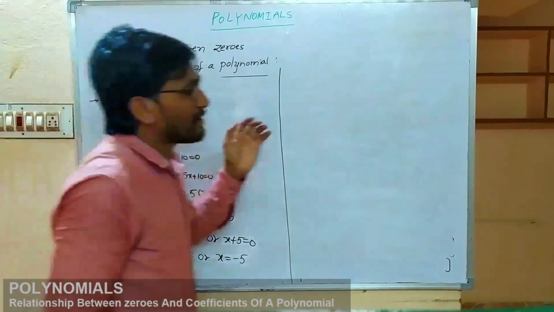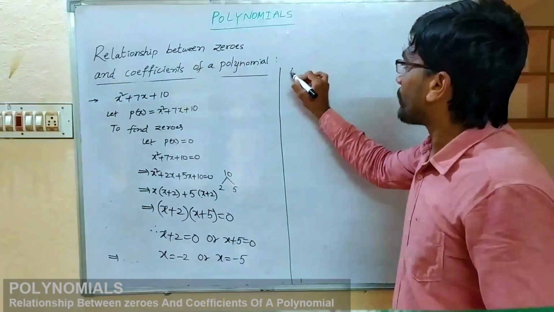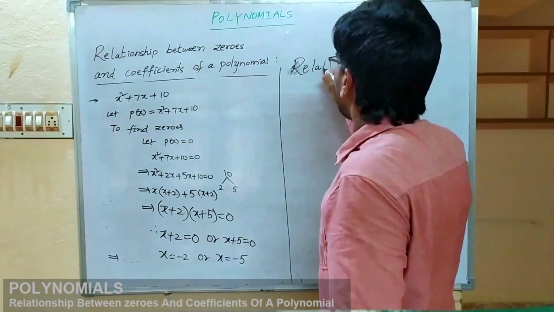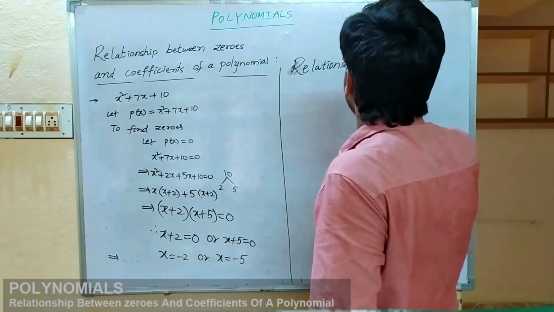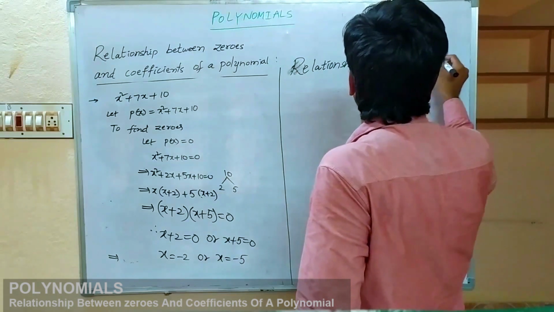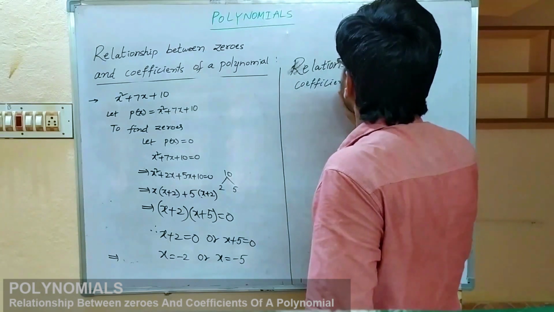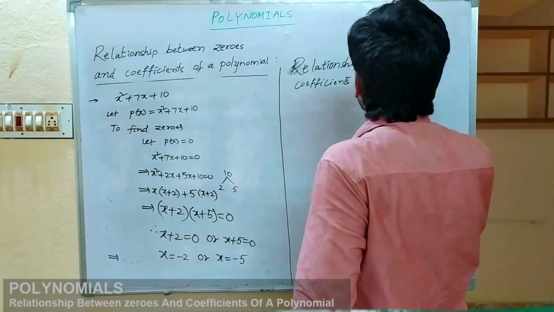Now we can verify the relationship between zeros and coefficients of a quadratic polynomial.